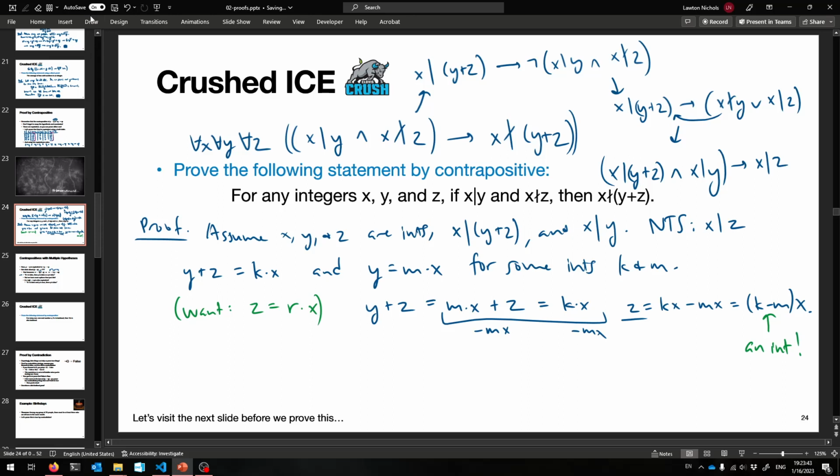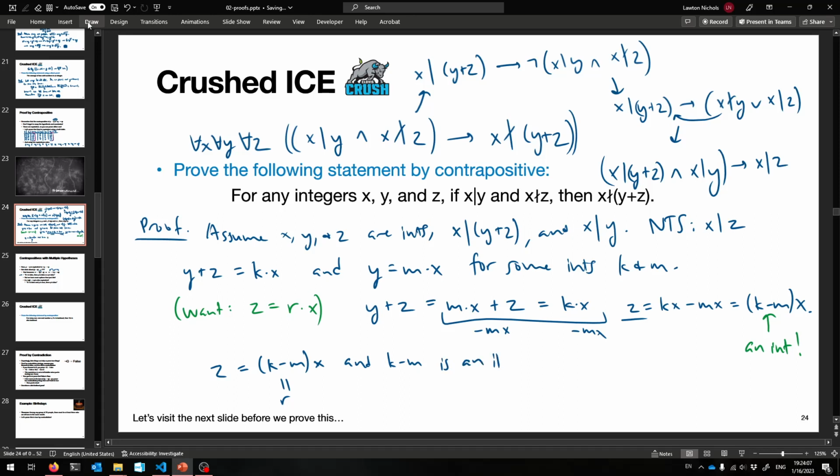So let's write that all out. So z is equal to k minus m times x. K minus m can be our r that we were looking for this whole time. And k minus m gets to be our r because it's an integer.